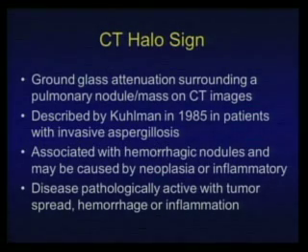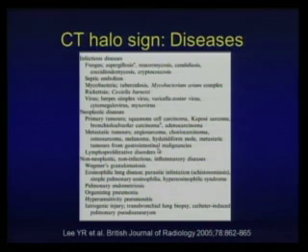So this is not very specific for this entity. For instance, if we have a tumor and you have spreading of the tumor, you will see ground glass opacity surrounding the nodule. The ground glass opacity could be secondary to hemorrhage, secondary to inflammation, or spreading of a tumor.